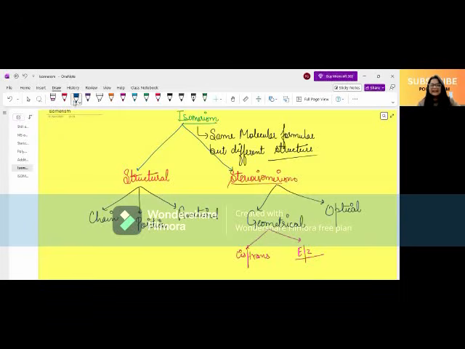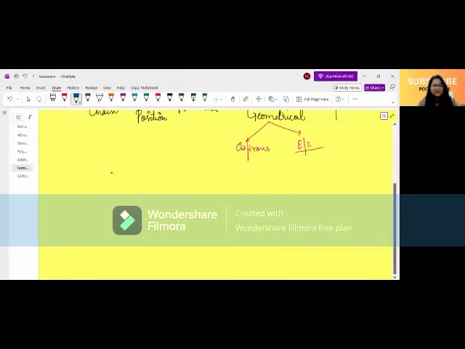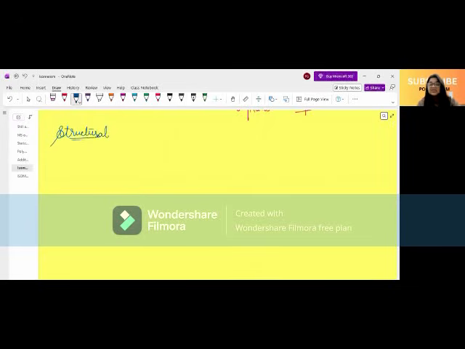Now let's first start discussing structural isomers. As the word itself says, the structure varies while the molecular formula stays the same. When I say molecular formula, it means writing something in a condensed form, like C4H10. That is the molecular formula.